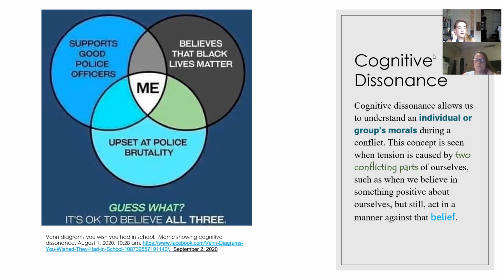We pulled this meme off of Facebook, and it shows a good example of what cognitive dissonance is and how it might work to create conflict. So each bubble can be seen as an exclusive idea. Someone could be upset about police brutality. Often they feel like they also can't at the same time support good police officers.